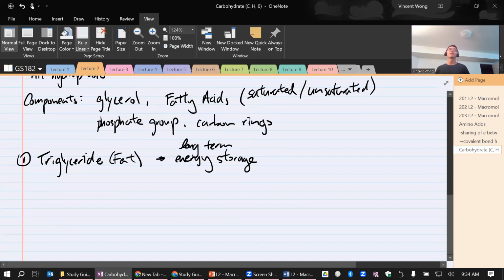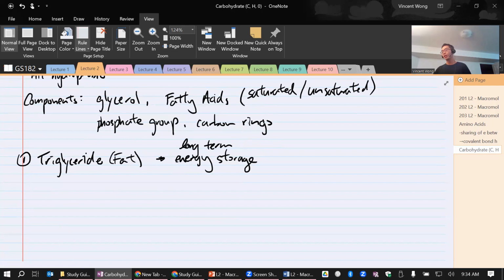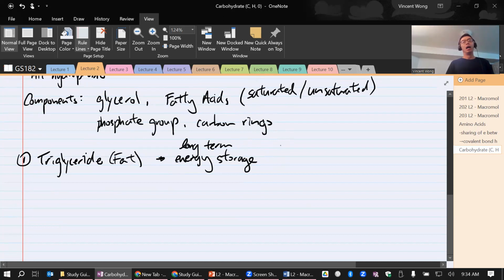I mean if you're not eating for a few days, then you start using the fats, right? Yeah, that's long term. Insulation, remember? Insulation of organs, keeping them warm. That's triglyceride.